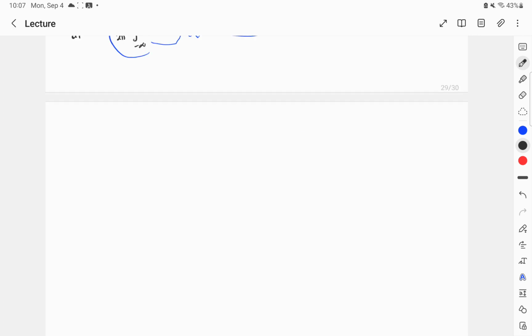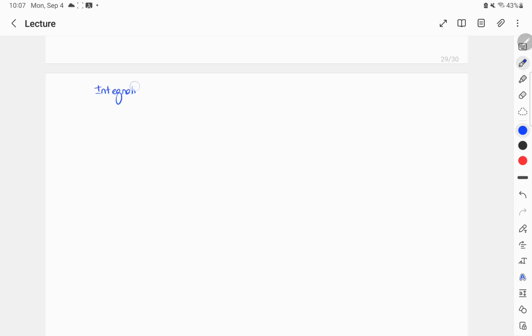Now that we know the derivation, we can also write the integration. However, I will not make the proof. I will just write the integration and give you the result because it is long.